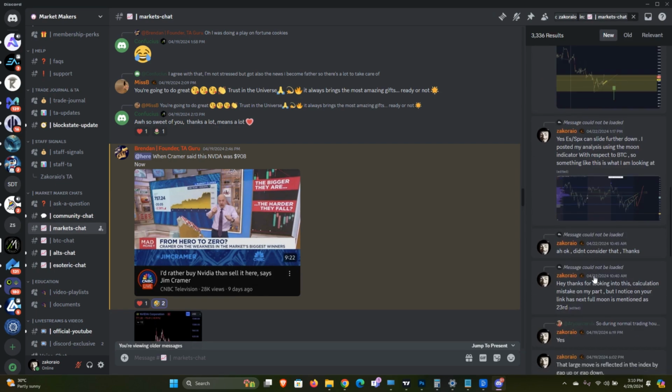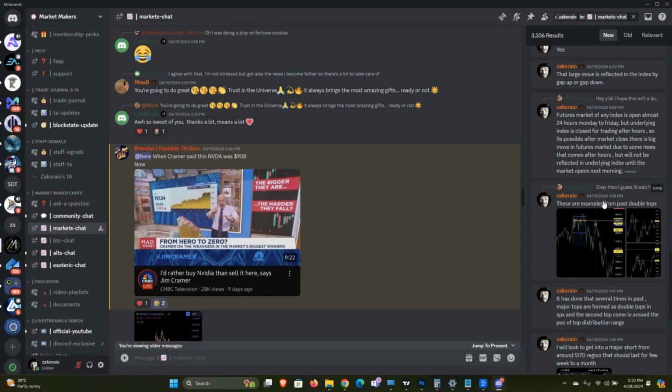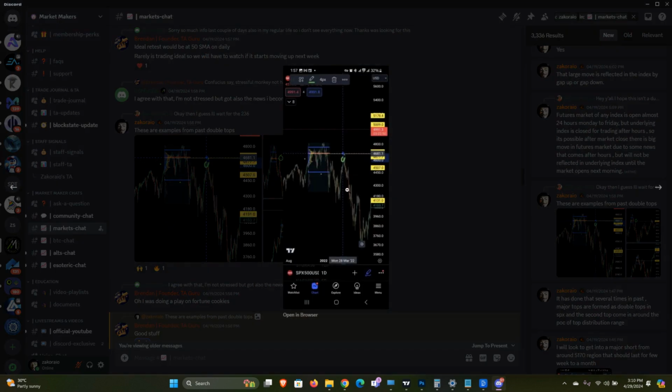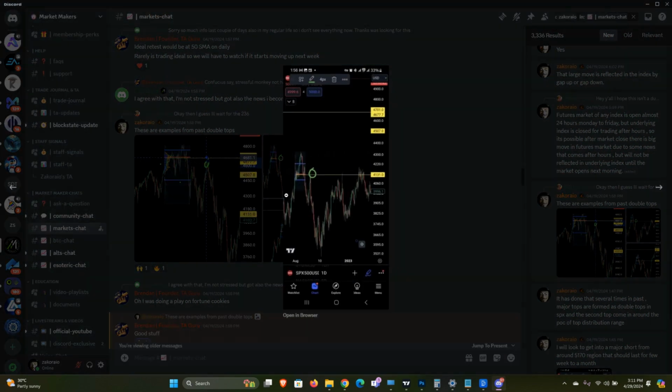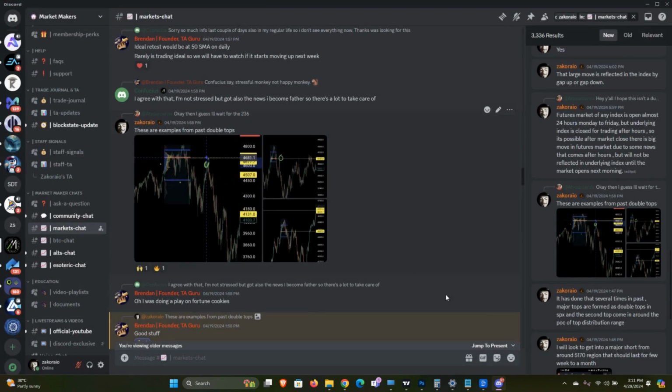I posted this example a couple of weeks ago. When S&P double tops, it basically moves all the way back to the POC of the prior distribution range. There are several examples of that. This is the prior distribution range, and then it dropped and then came back up and hit the POC and then bang. Similarly over here, and there are several examples, but NDX works slightly differently.